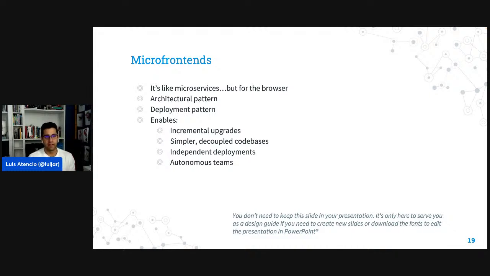But all in all, it enables incremental upgrades. So if your site has 10 micro front ends, right, and you make changes to one, you should only be able to deploy one of them, right? So essentially, you're just upgrading 1/10 of your app at any time, which means also there's 1/10 of the probability of bugs. There's 1/10 of the blast radius of any critical issues.